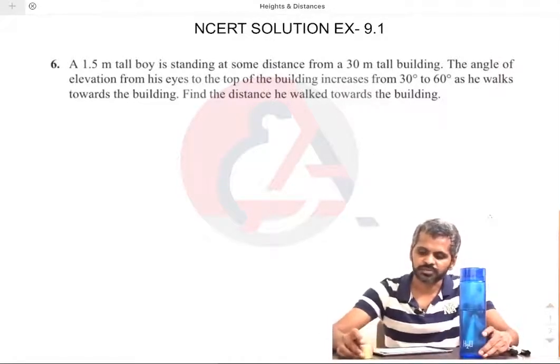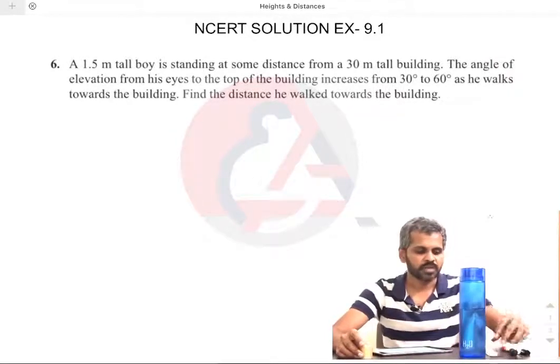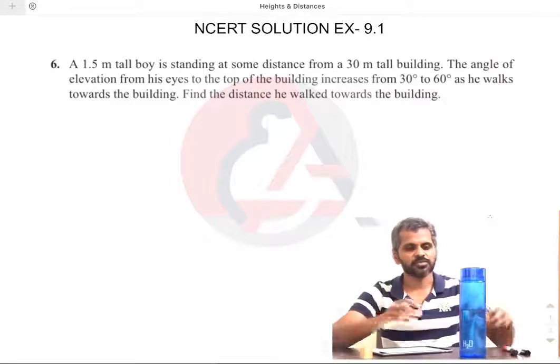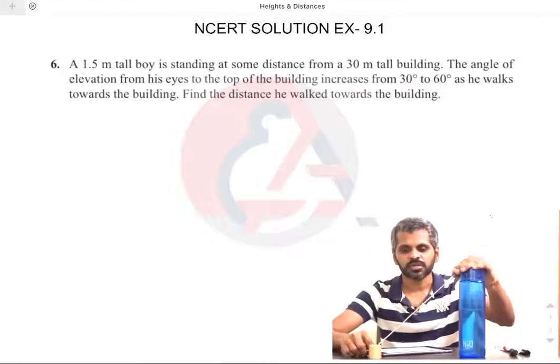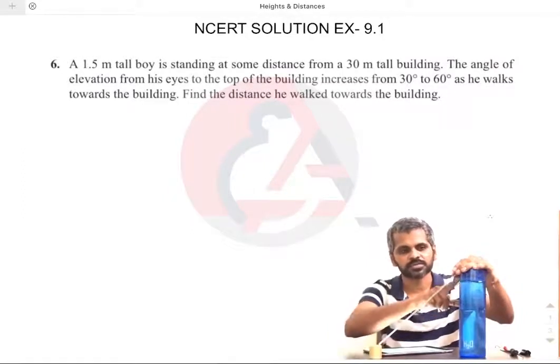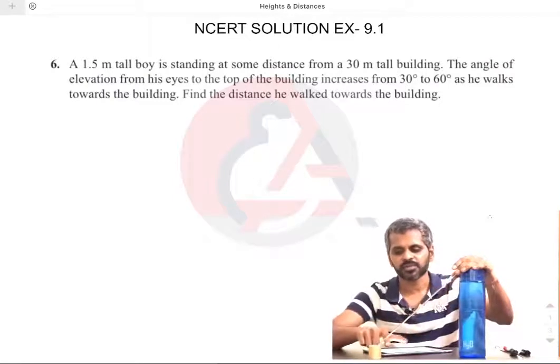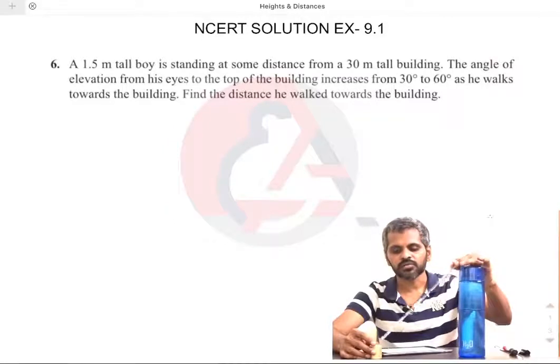We don't know the distance. And when he is at this position, he is observing with an angle of elevation of 30 degrees from his eyes. Afterwards, he walked towards the building.